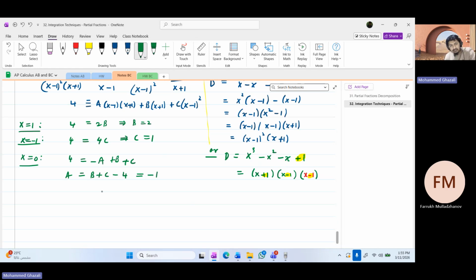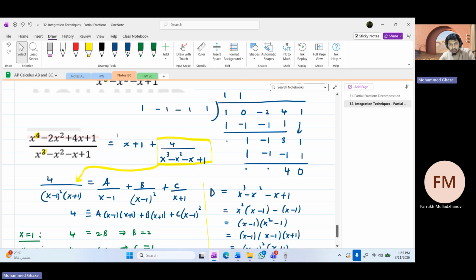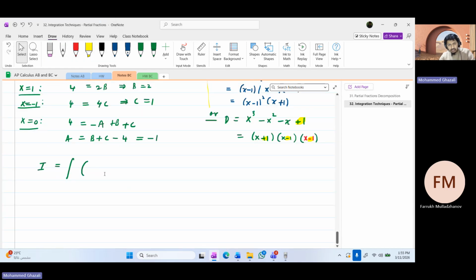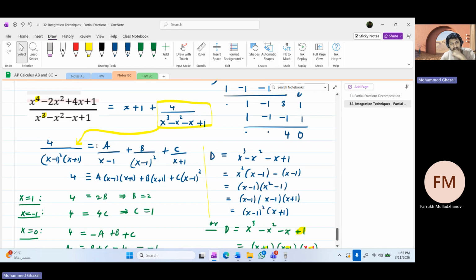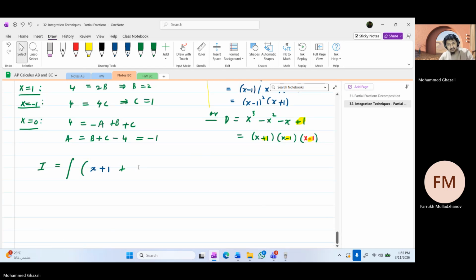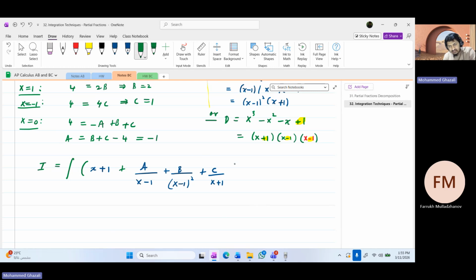Right, so now my integral is equal to, what am I integrating? I'm integrating all this. Integrate whatever you can and leave out the balance of the integral.